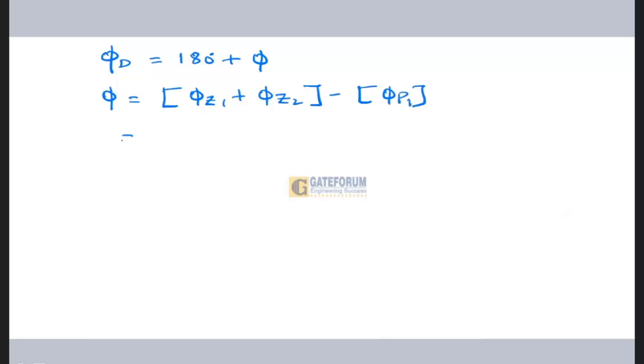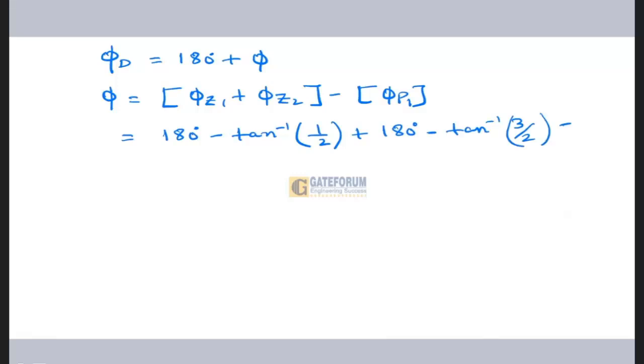Okay, phi z1 you calculated as 180 degree minus tan inverse 1 by 2, plus, again phi z2 is 180 degree minus tan inverse 3 by 2, minus phi p1 which is 90 degree. Now let us calculate this angle.